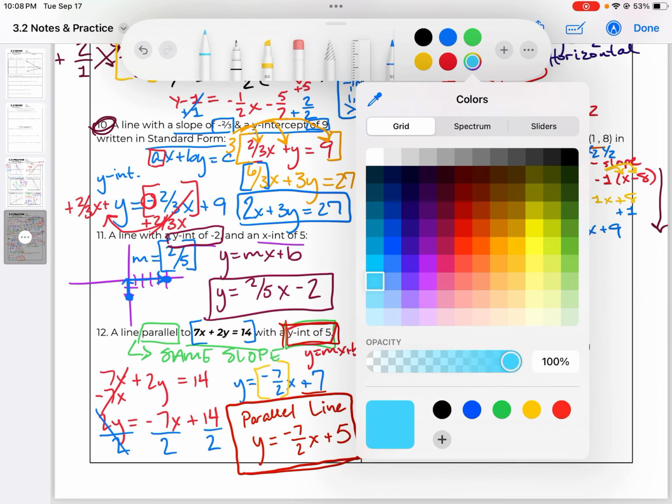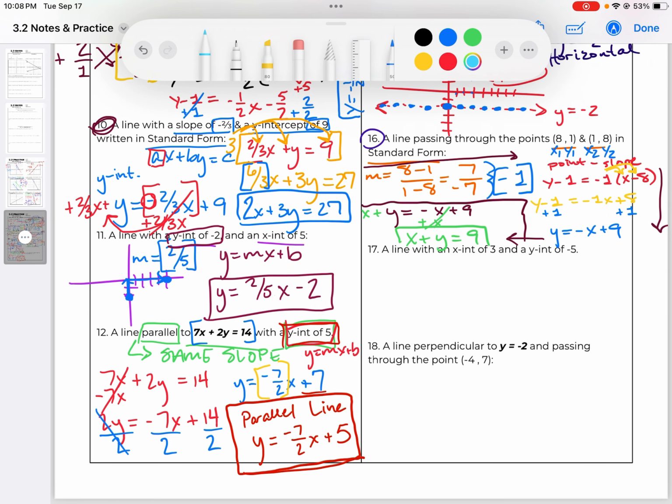All right, I'm running out of new colors here. This wants a line with an x-intercept of 3 and a y-intercept of -5. So again, just like 11 over here, if I was to sketch this out, it crosses the x at 1, 2, 3. It crosses the y at -5.